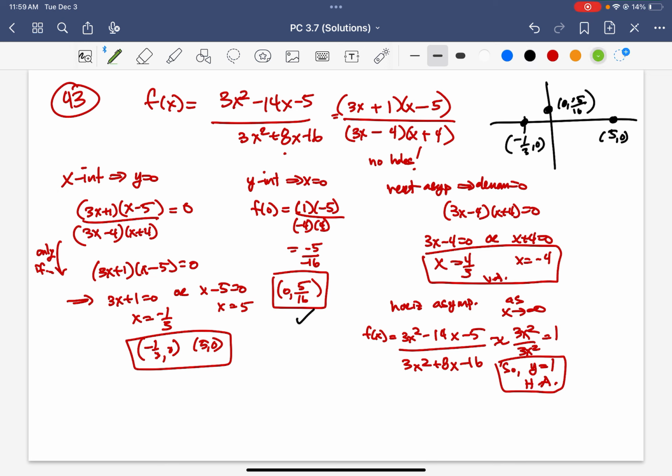And then I've got a vertical asymptote at positive 4/3. So here's 4/3 is a vertical asymptote. And negative 1/4 over here.